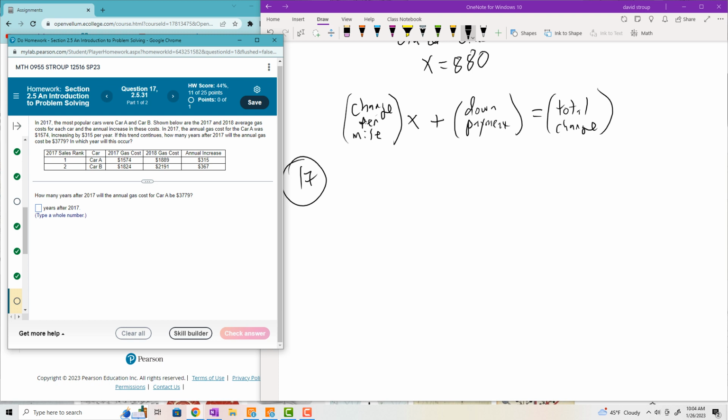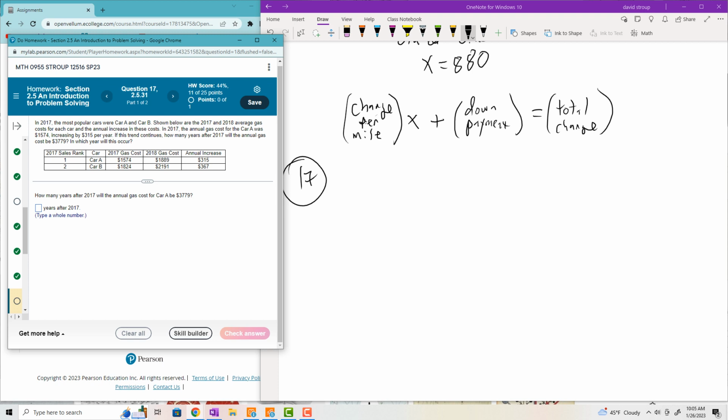So in 2017, the most popular cars were car A and car B. Shown below are the 2017 and 2018 average gas costs for each car and the annual increase in these costs. In 2017, the annual gas cost for car A was $1,574, increasing by $315 per year.